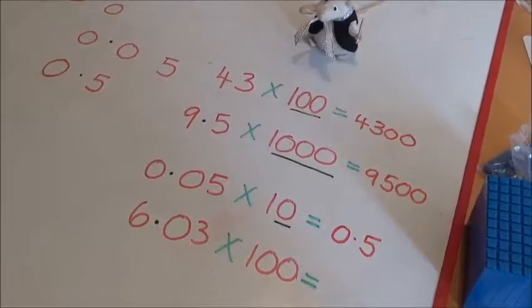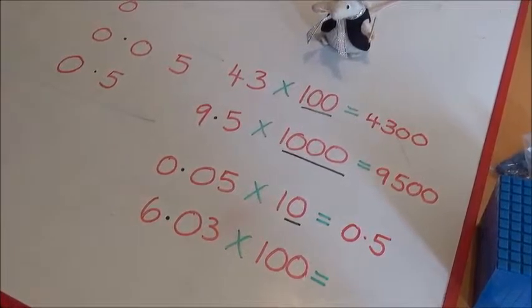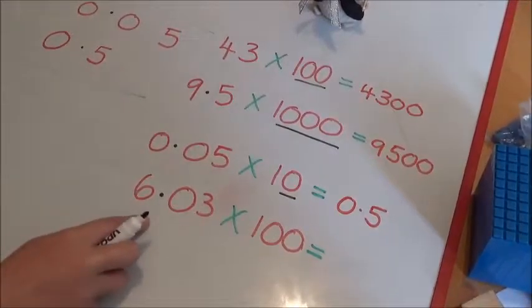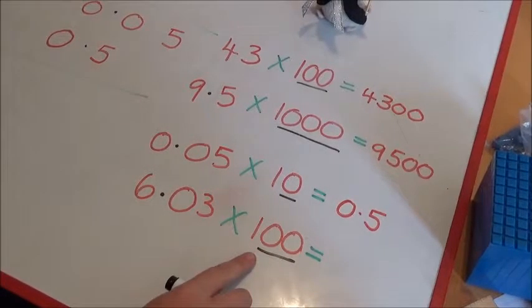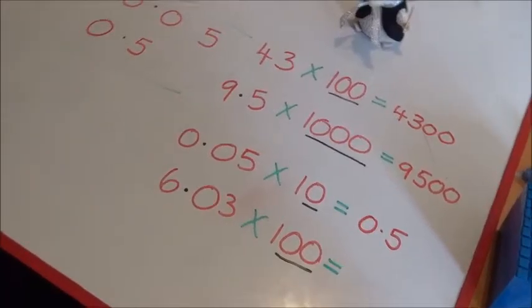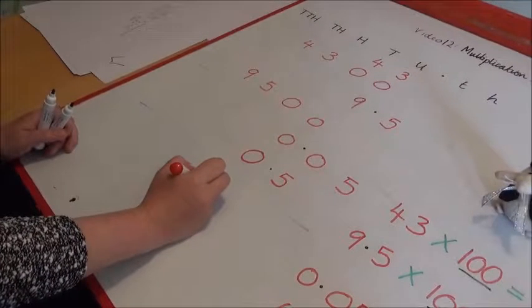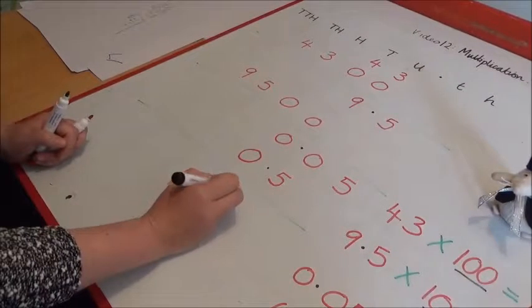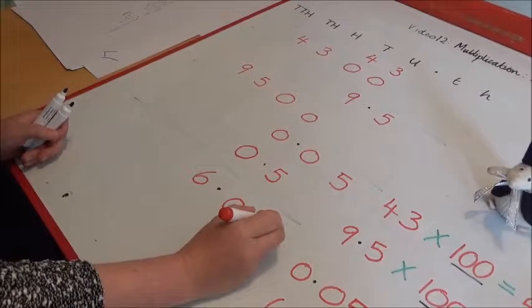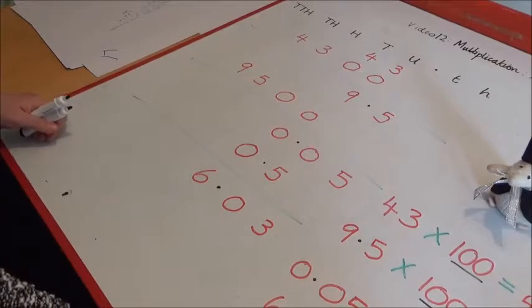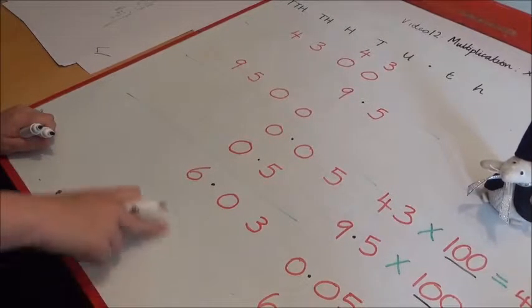And finally, 6.03 times by 100. I'm going to move it up the place value position 2 places. So I'm going to put here 6 units, decimal point, 0.03. Moving it up 2 places along the place value position.